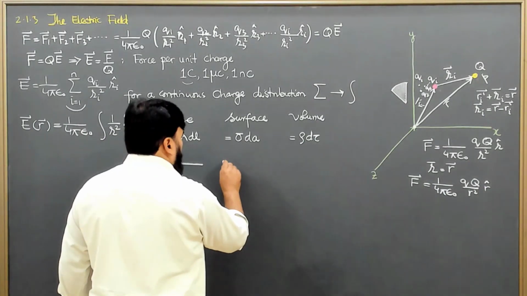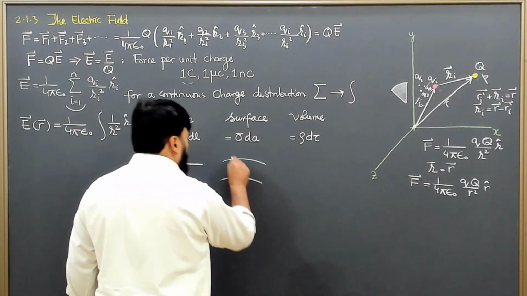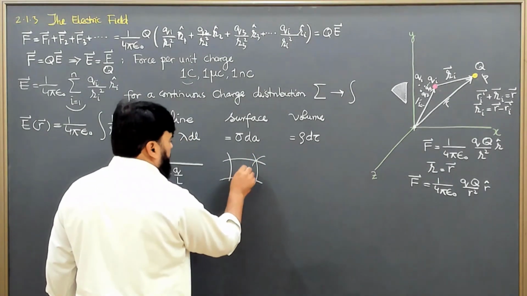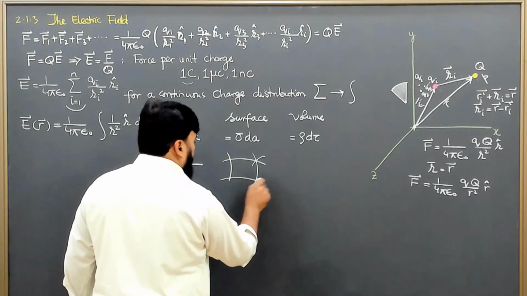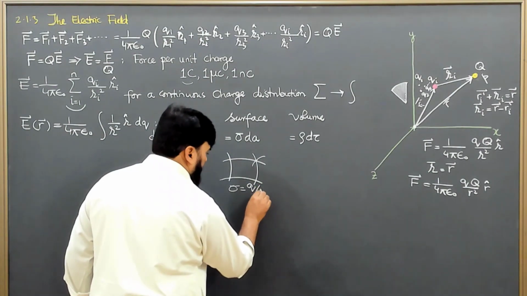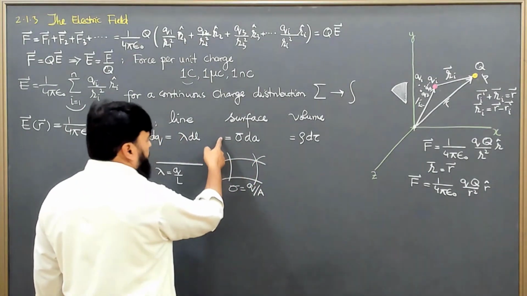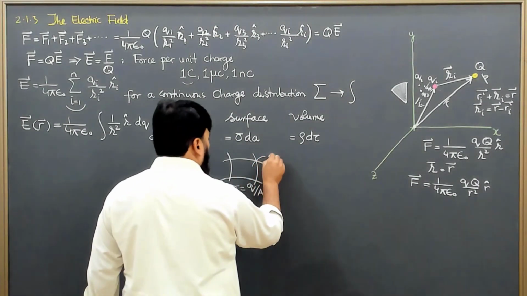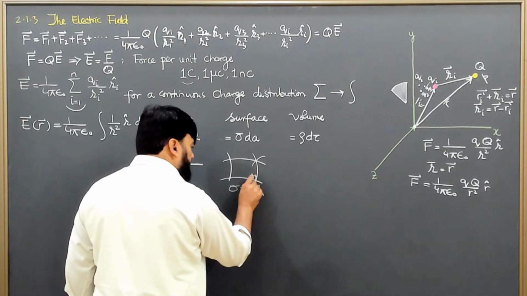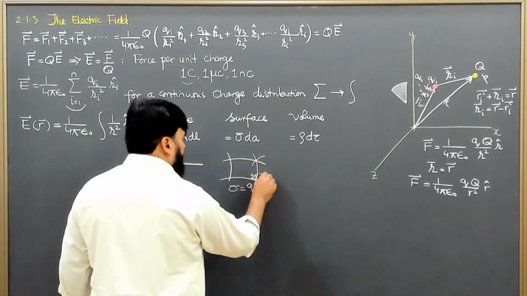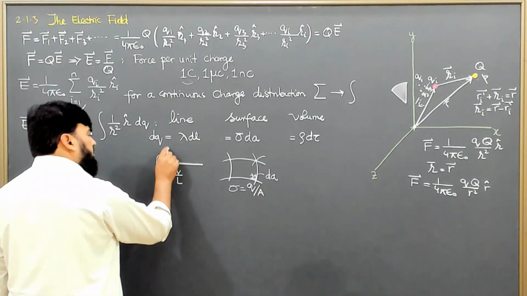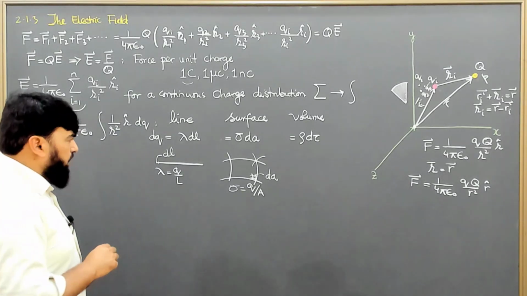And if we have a sheet with some area and some charge distribution, sigma is the charge per unit area, and we will have dq equal to sigma dA. We consider on this area some fractional area dA, just as we considered some fractional length dl, and we will integrate.